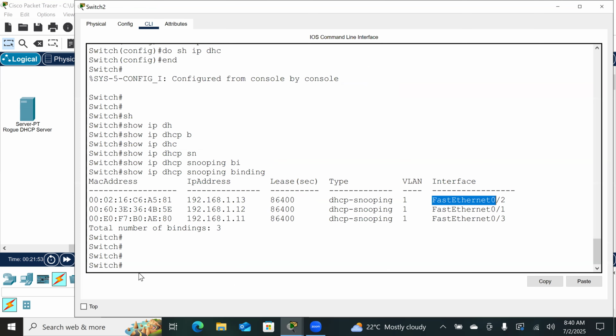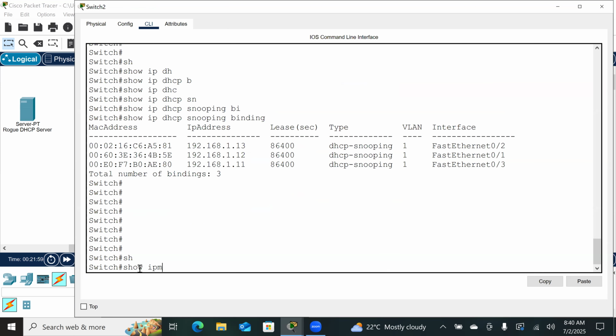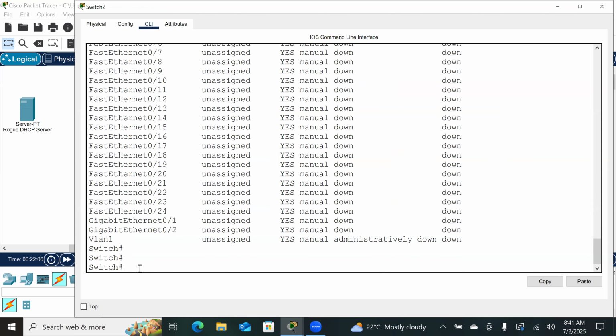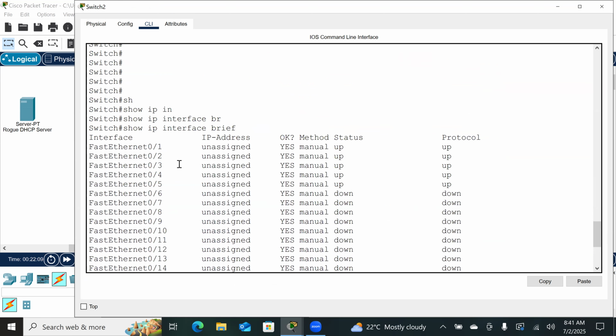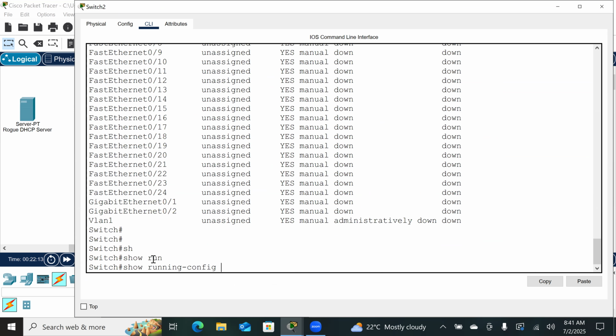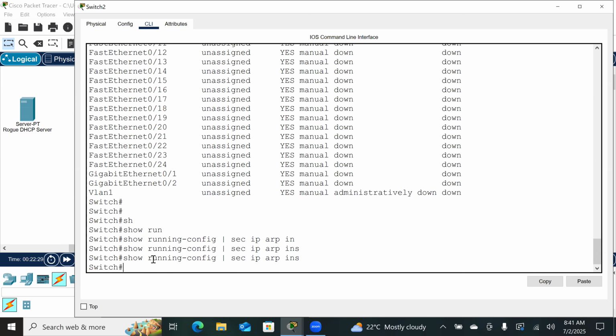Okay. If you will see here, to IP interface. Right.